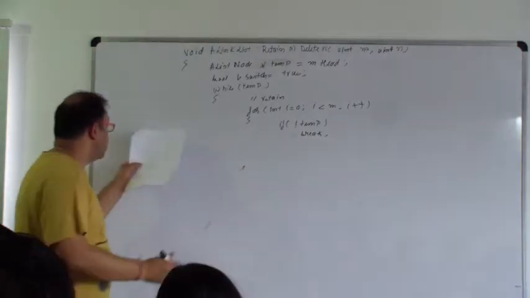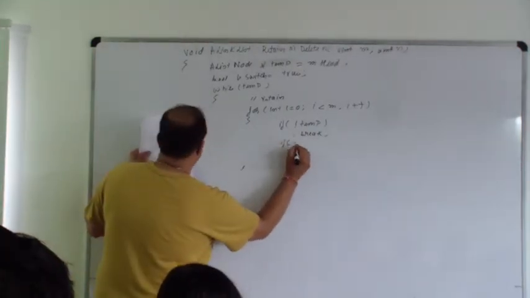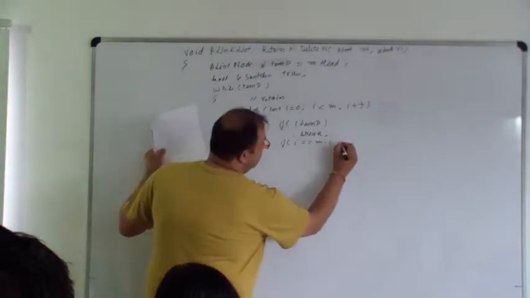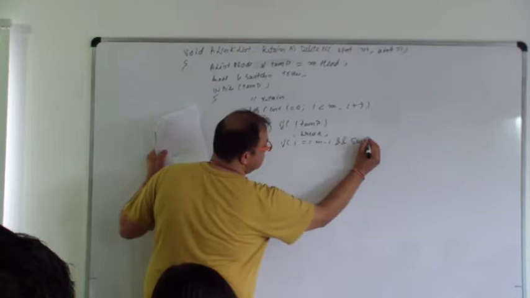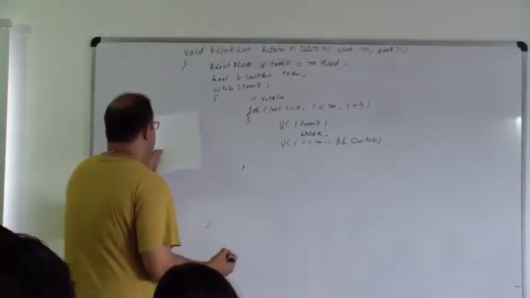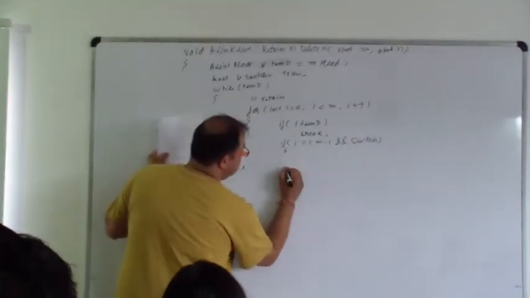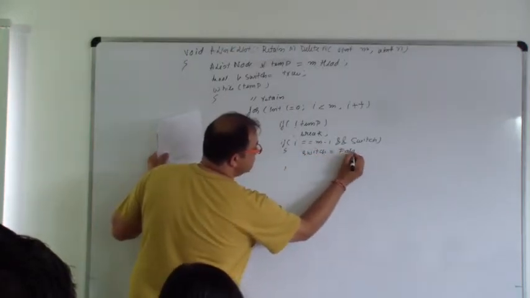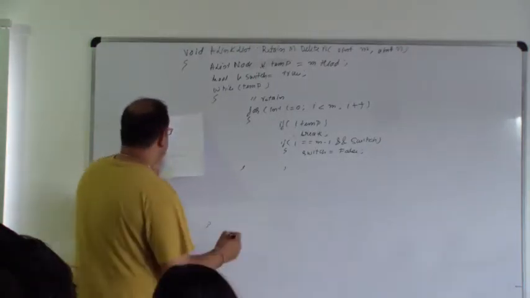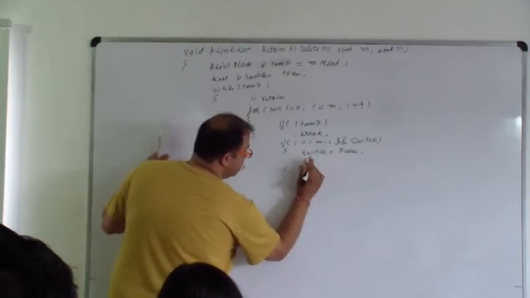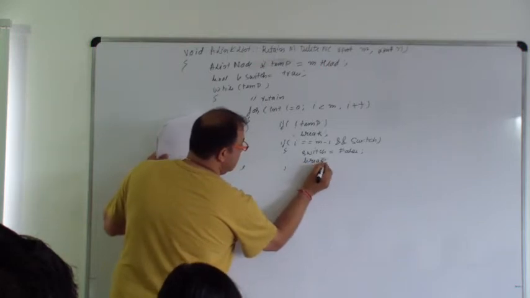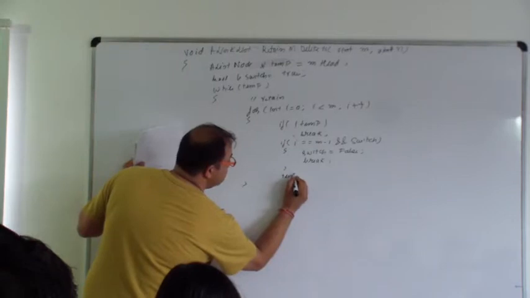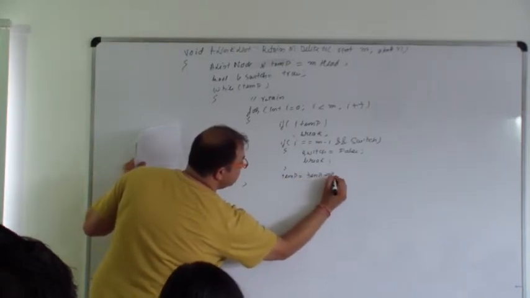Otherwise, if i is equal to m minus 1 and switch, then switch is equal to false and break. Okay, and temp is equal to temp arrow next.